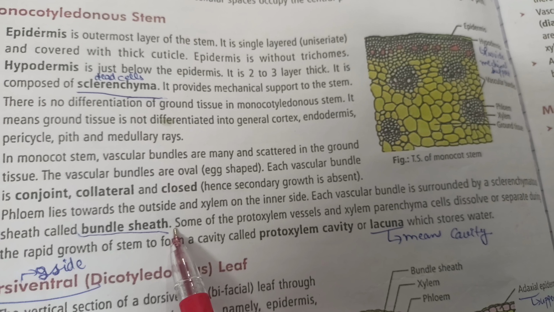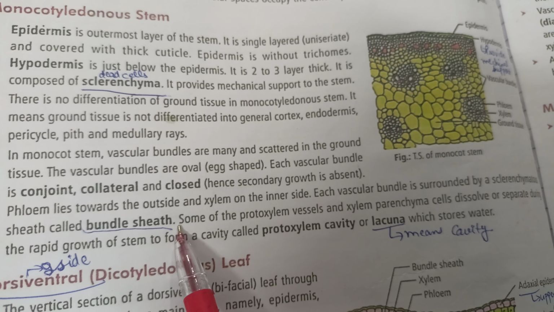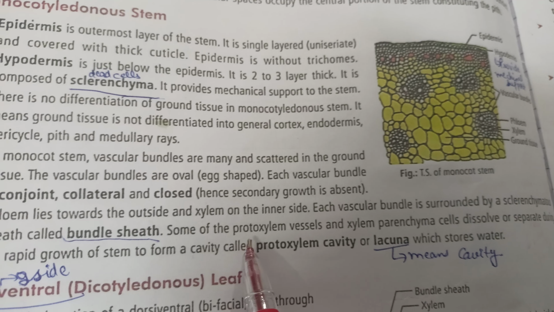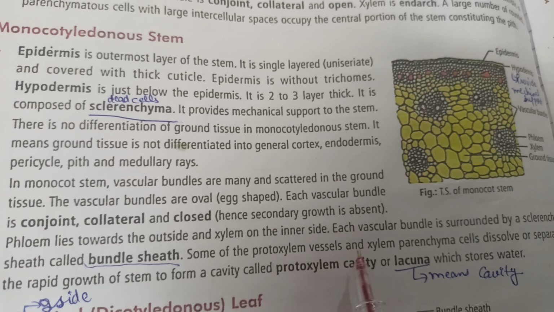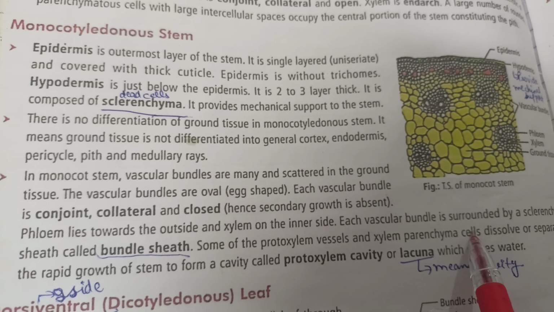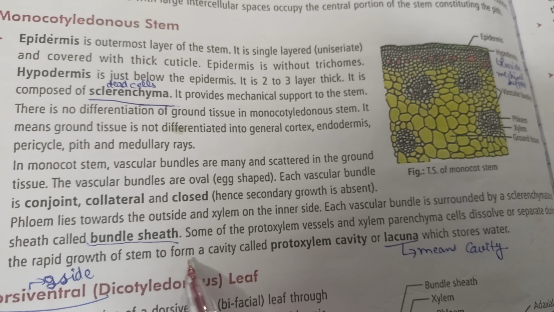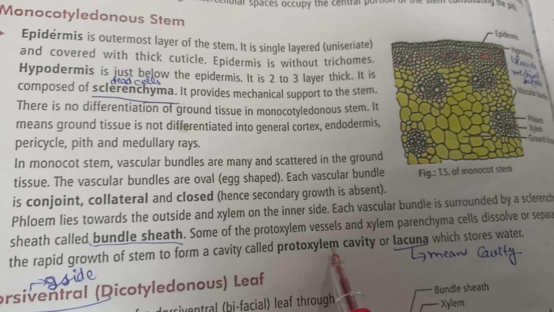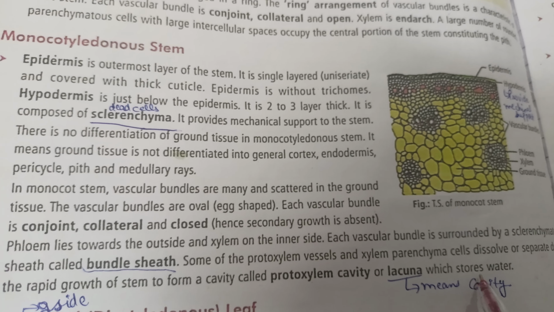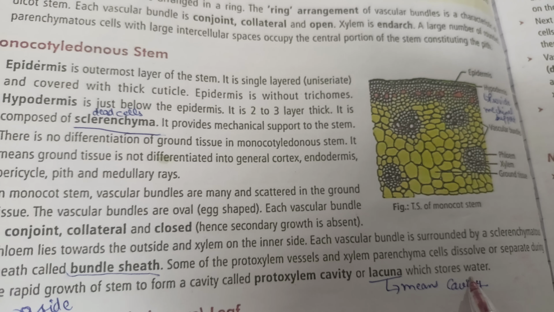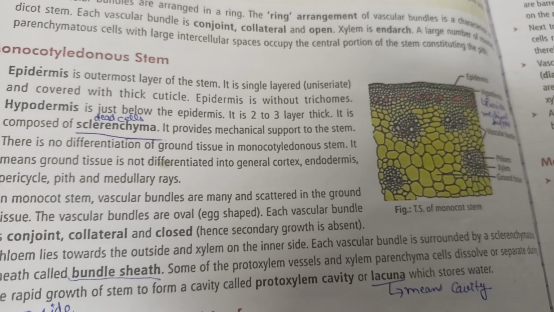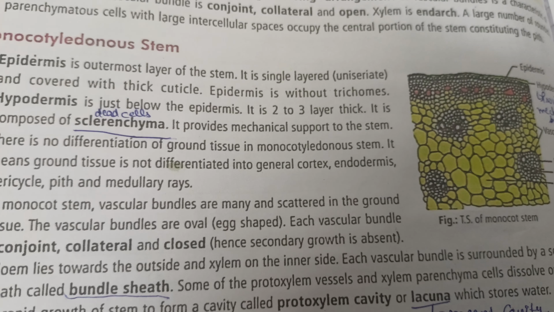That is, outside the vascular bundle a covering is present. Some of the protoxylem vessels and xylem parenchyma cells dissolve or separate due to the rapid growth of the stem to form a cavity called protoxylem cavity or lacuna, which generally stores water. So it is clear from the diagram now.